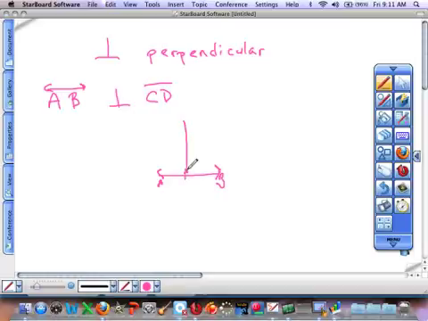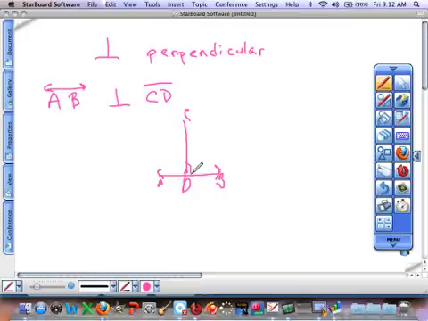Okay. Right now they're just intersecting. What tells me they're perpendicular? There we go. Yep, got it in the box.